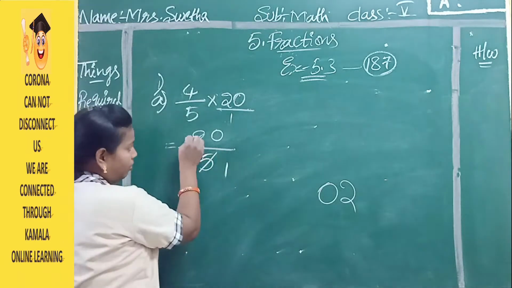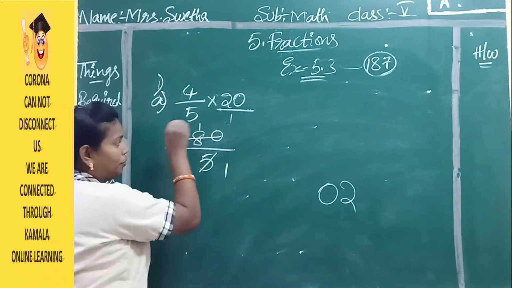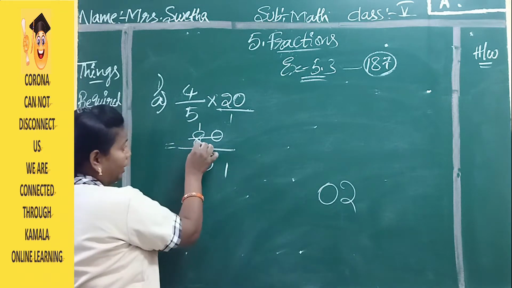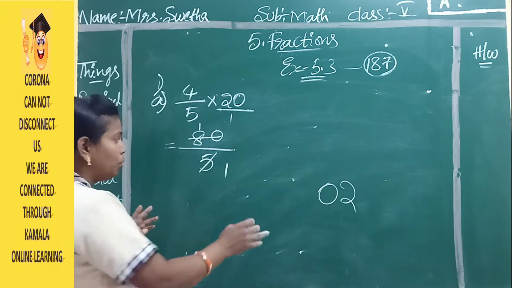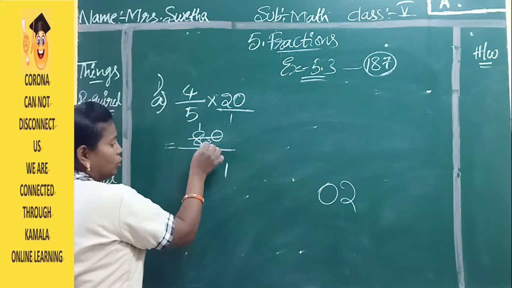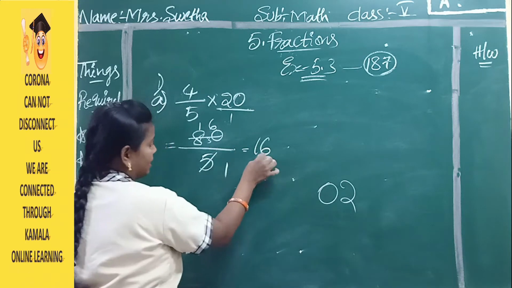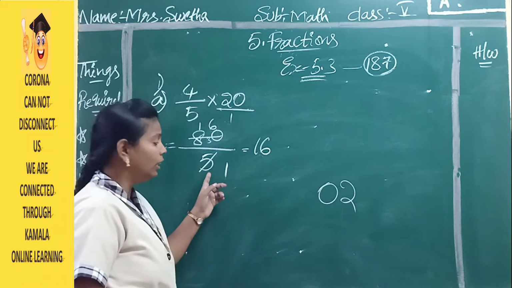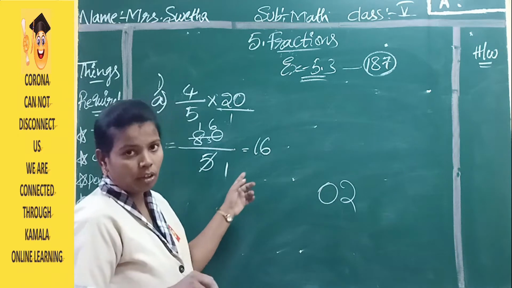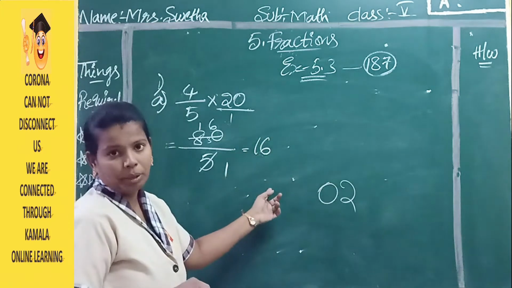See, 5 ones are 5, 5 is over. From 8, 5 is over, so you are left with 3. So 5 6s are 30. So how much do you have here? You have 16. The denominator 1, just now I said, if you have 1 or not, you will have the same number.